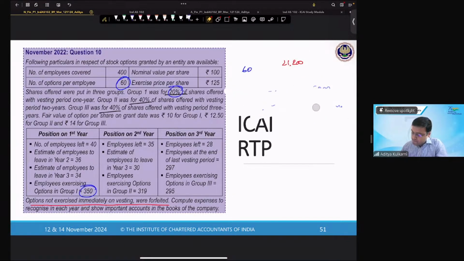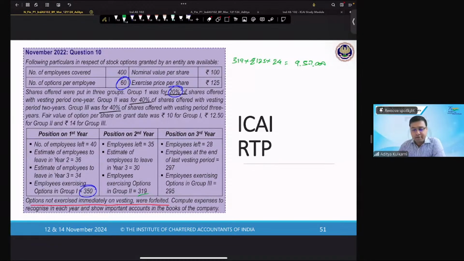Now tell me, year 2, how many employees are giving you the money? 319. So that will be 319 into 125, and how many options per employee? 24 shares. So that comes to 9,57,000.